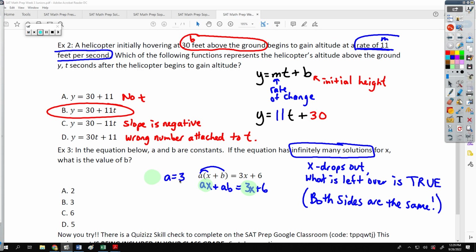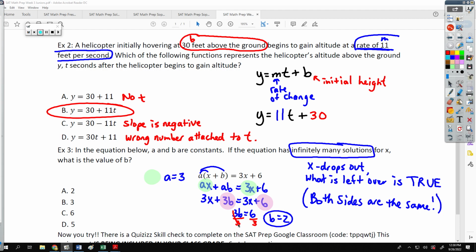So then we substitute that in to get 3x plus 3b equals 3x plus 6. Now in order for us to get infinite solutions instead of no solution, 3b has to equal 6. Divide by 3 and we get b has to equal 2.